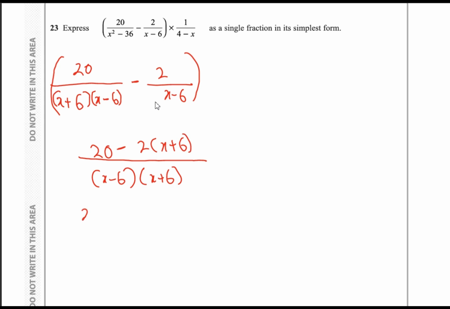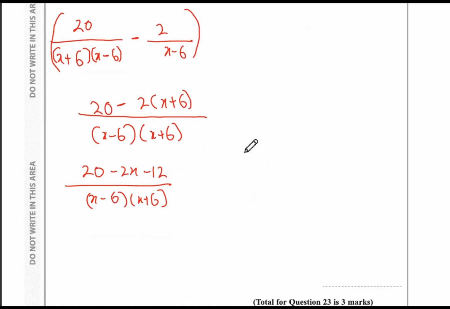Now simplifying this, 20 minus 2 times x is minus 2x, minus 2 times 6 is minus 12 over x minus 6 and x plus 6, and this would be 20 minus 12 gives me an answer of 8, and I have 8 minus 2x over x minus 6 and x plus 6, right?